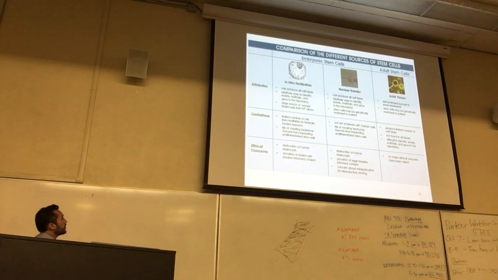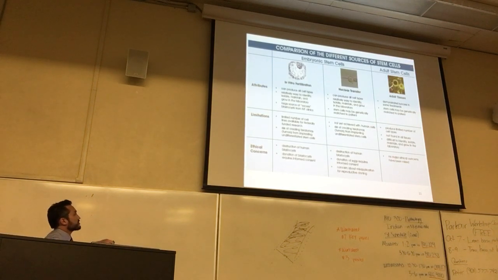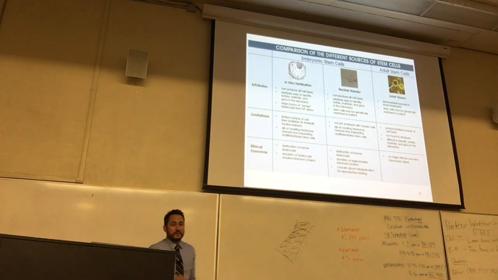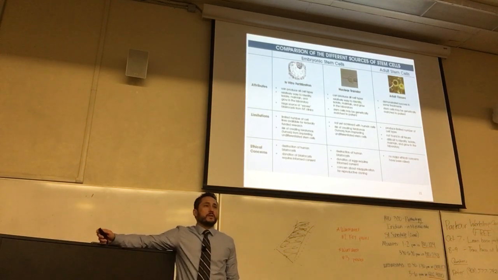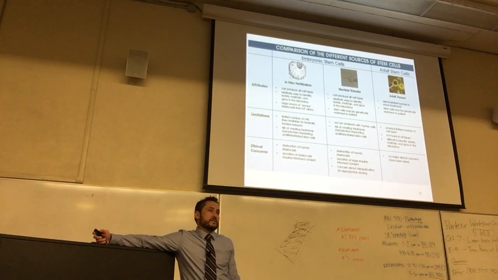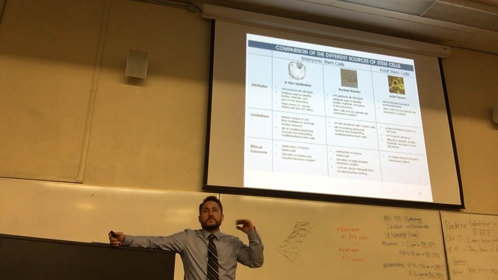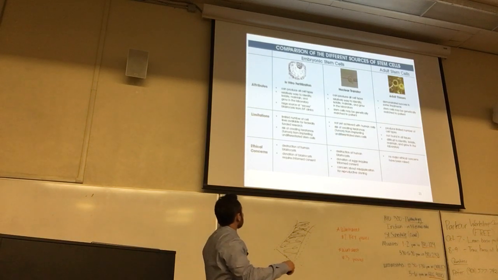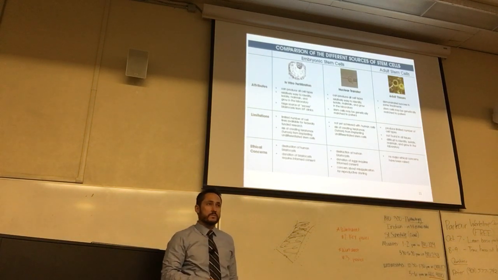If we look at the last category of adult-derived stem cells, these two categories of embryonic stem cells became very popular in the scientific literature in the 90s and the early 2000s. And they've sort of come out of vogue because of a lot of the ethical concerns as well as limitations.